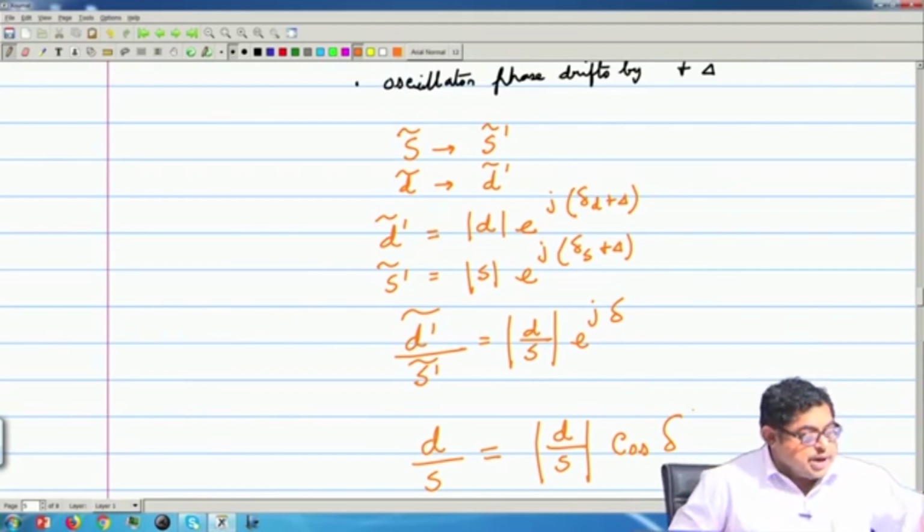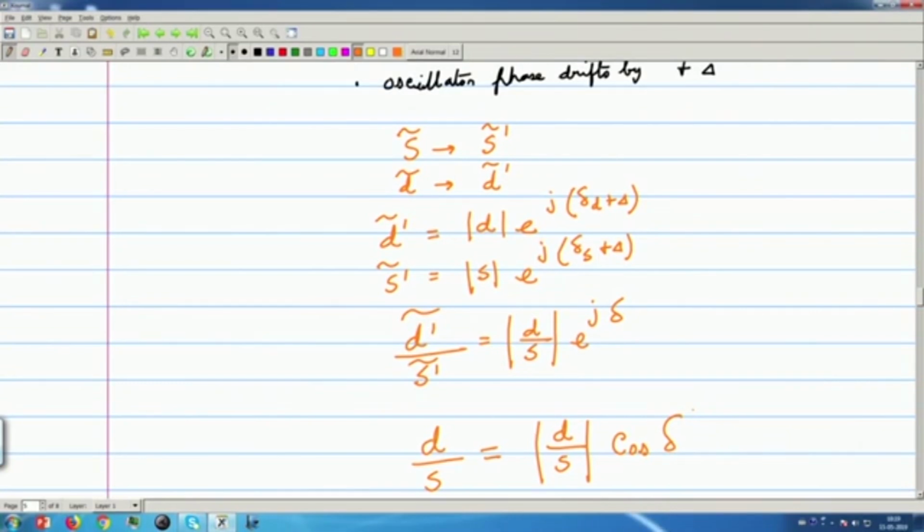Now, some radars have the receiver chain as IQ. I will come to that.